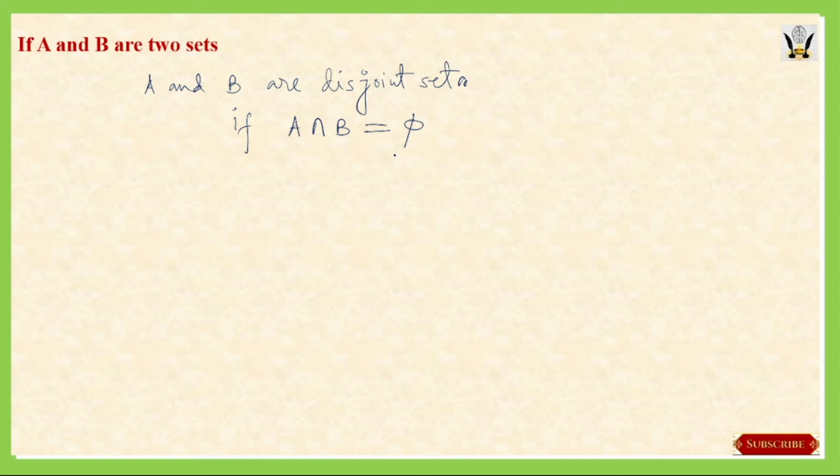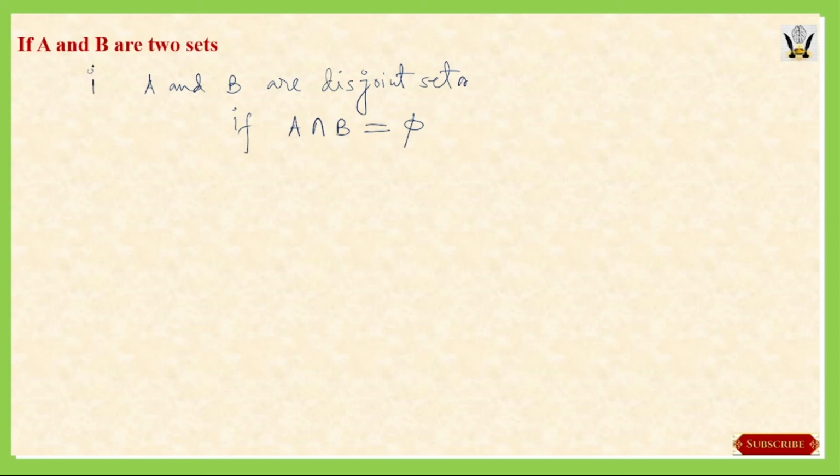So when we perform intersection, that is, when we search for the common elements between A and B, we will not get any common element between them. That means this will give an empty set, and if there is no common element, these two sets are not overlapping sets. So these two sets are disjoint sets.